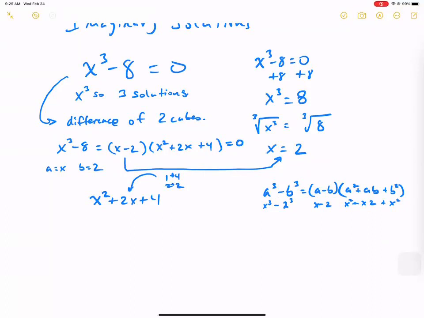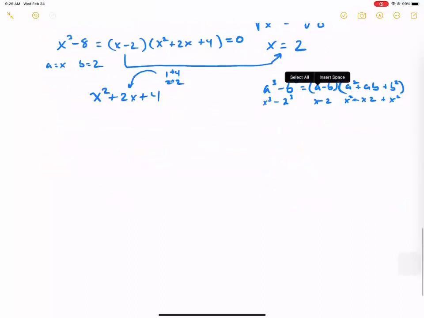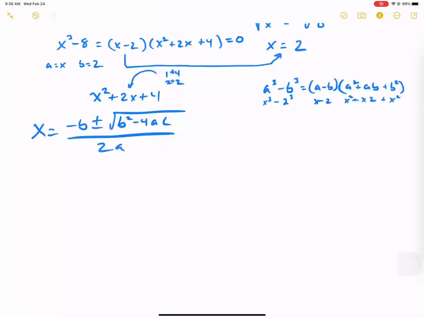So we have to go through our quadratic formula. And now it's time to review the quadratic formula. The quadratic formula is x equals negative b plus and minus the square root of b squared minus 4ac, all over 2a. The quadratic formula is great because it solves problems in which I could not factor, and it helps me just plug in and not worry about it.